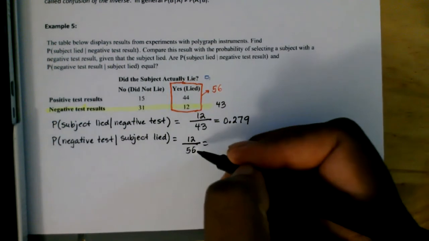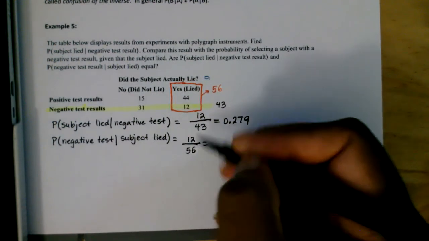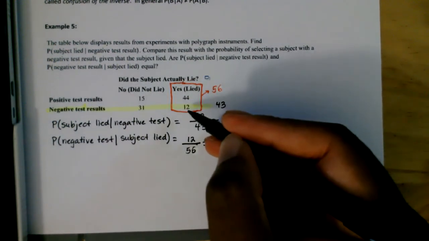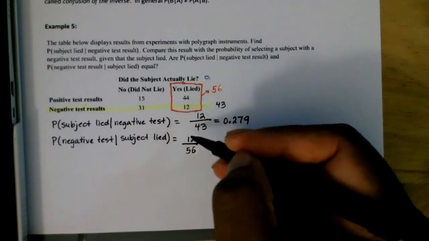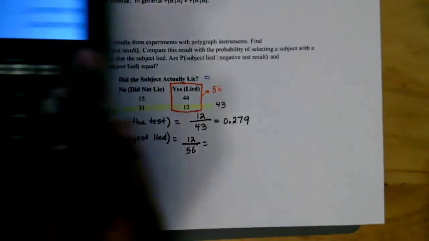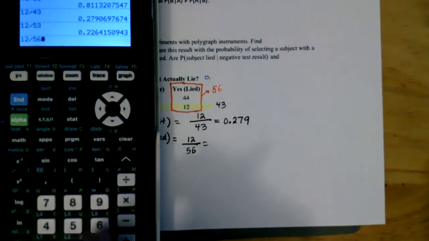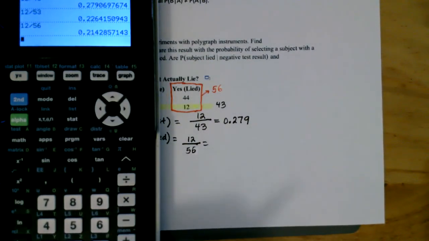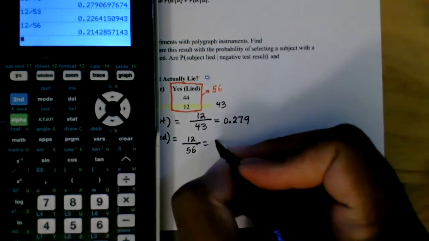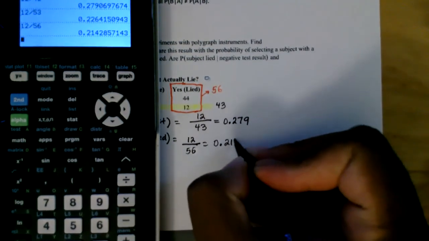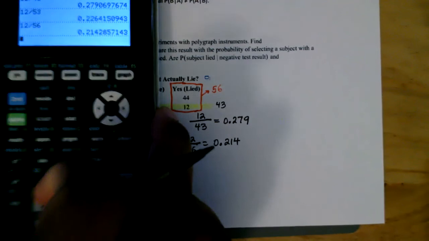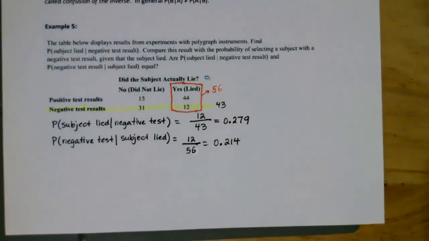Out of the 56 that lied, 12 had a negative test result. So that's 12 divided by 56, which will be 0.214 to 3 decimal places.